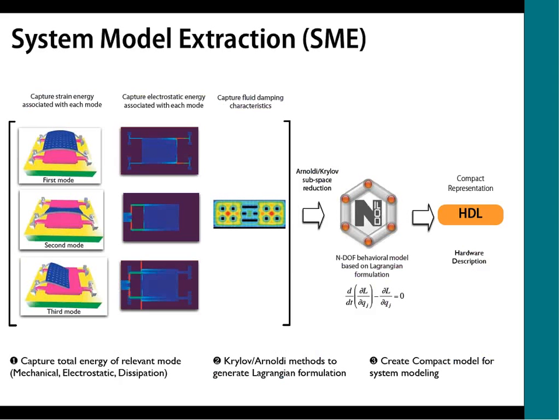So it will include all of the higher order effects and all of the second order effects. It will include all of the behavior of the MEMS device. Basically, these models, we've benchmarked them to be very accurate in comparison with the full model, within 1% usually.